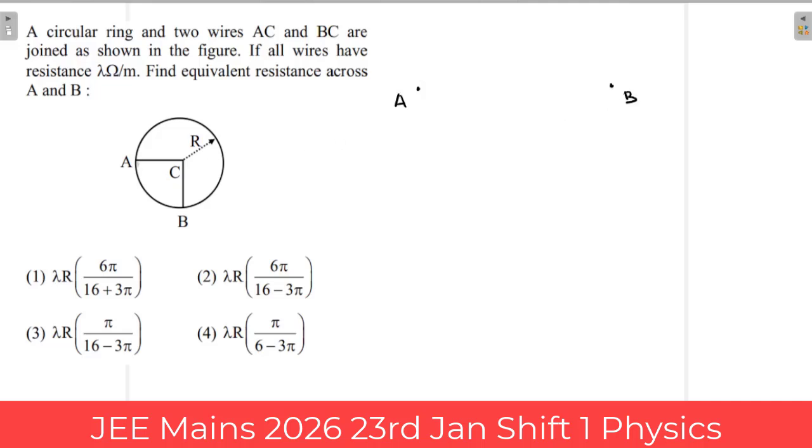Now one path is A, C, B. So from A, one path is A, C, B. Let's say this is the point C, and C to B. And another path is through this one, that is directly from A to B, and another path is through the path 2, A to B. So A and B are connected via path 2 also.